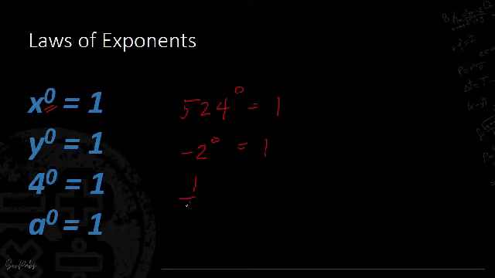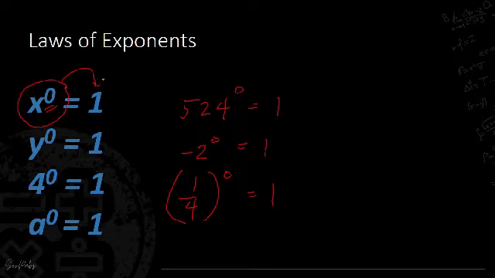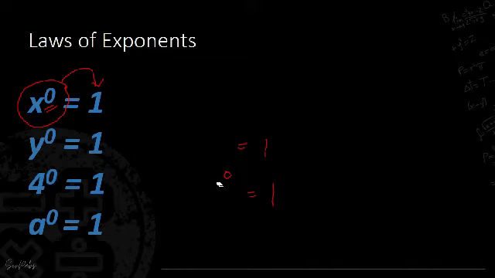We have 1 over 4 to the 0 power, that is equal to 1. So under the 0 exponent, any number raised to the 0 exponent will always be equal to 1. Okay, so that is the first law of exponent, the 0 exponent.